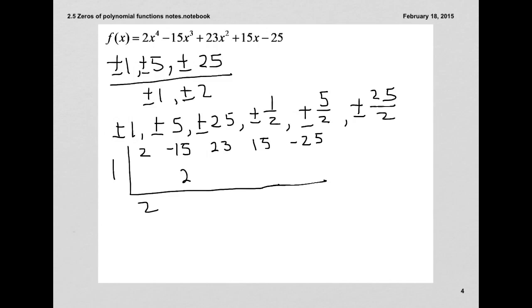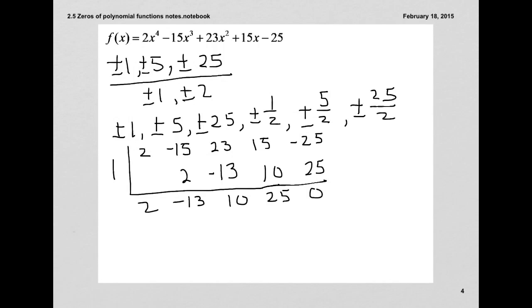Negative 15 and 2 is negative 13. 1 times negative 13 is negative 13. 23 and negative 13 is 10. 1 times 10 is 10. 15 plus 10 is 25. 1 times 25 is 25, and that gives me a remainder of 0. So 1 is a root.